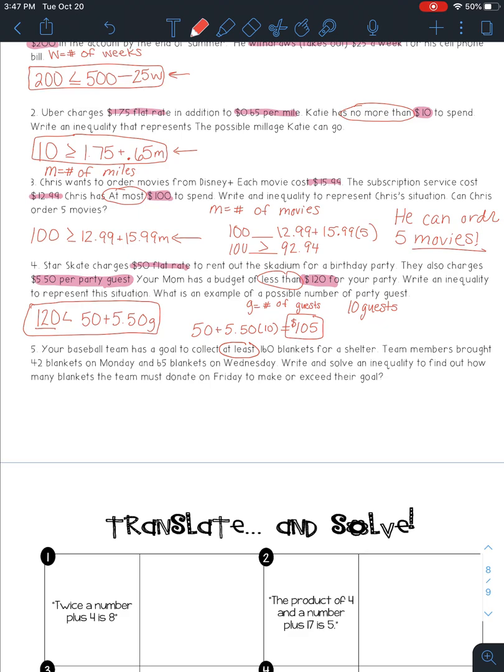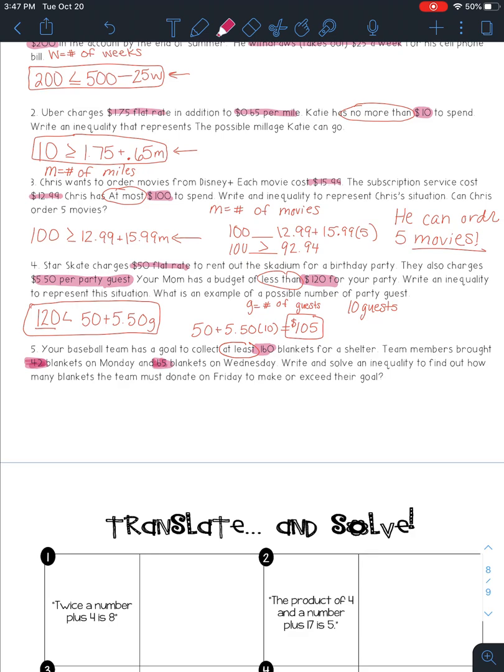All right, so let's talk important words again. So we have a goal of 160 blankets. We have already brought 42 and 65. And we need to figure out how many we're going to bring on the last day.